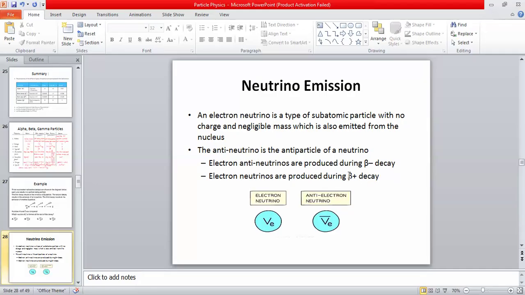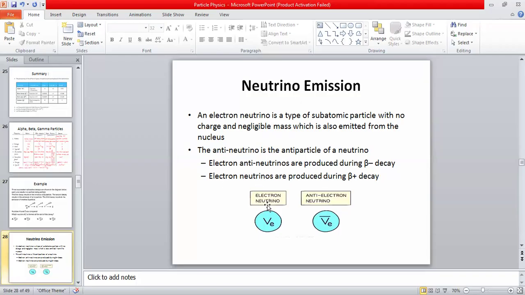And when there is a beta positive decay, there will be a production of electron neutrinos. So in the case of positive decay, there will be electron neutrinos. In the case of beta negative decay, there is formation of electron anti-neutrino. So how are we going to represent the symbols? What are the symbols for the electron anti-neutrino and electron neutrino?